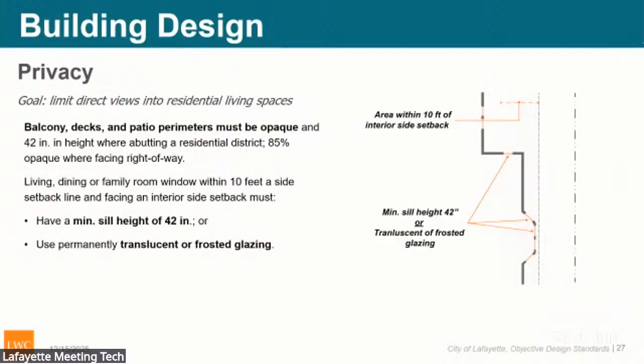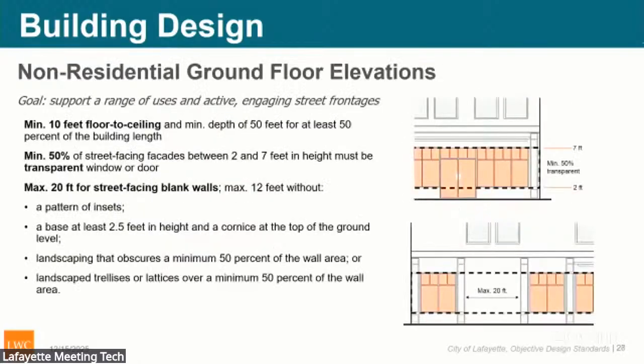Privacy, understanding that with more dense projects, especially abutting single family zones or other multifamily zones, we want to be conscious of sight lines and privacy into primary residential buildings, rooms. So we introduced some privacy standards within 10 feet of the side setback line.